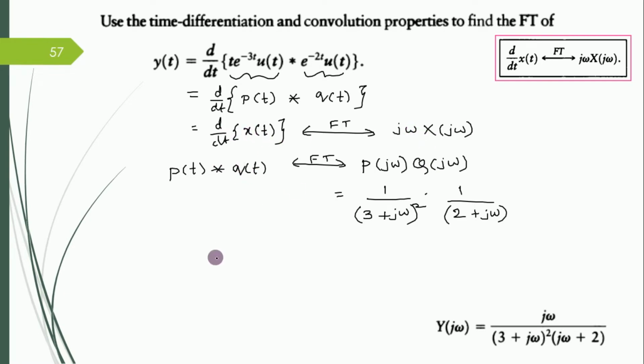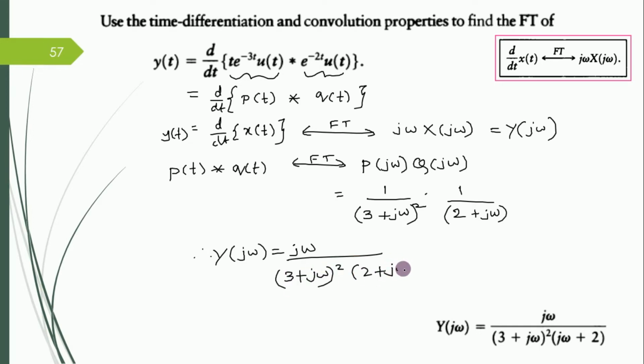Capital Y of j omega, for y of t, is equal to j omega into capital X of j omega, which is nothing but P of j omega into Q of j omega. So I write it as j omega divided by 3 plus j omega whole square into 2 plus j omega. This is the answer.